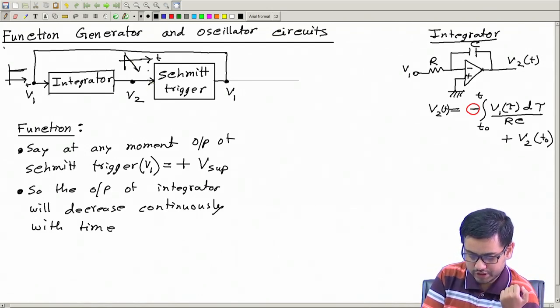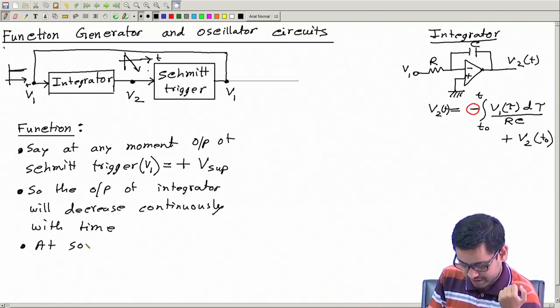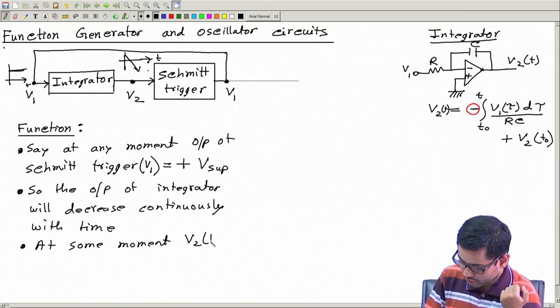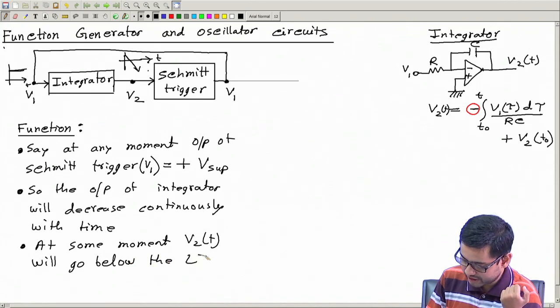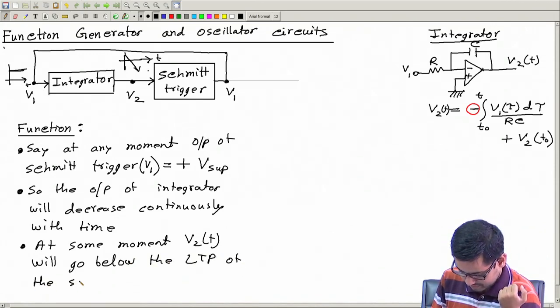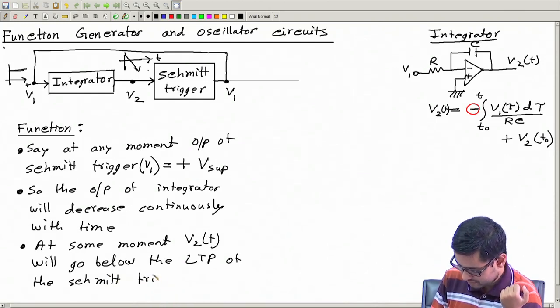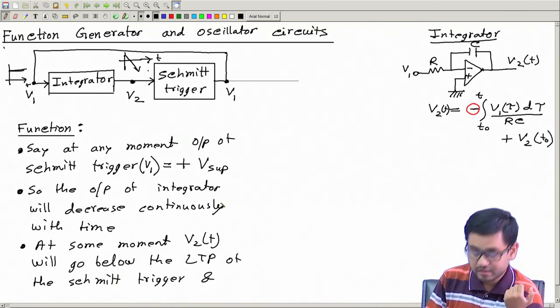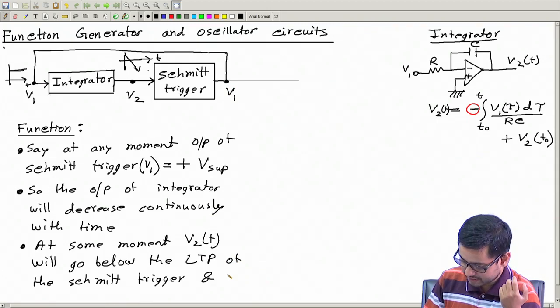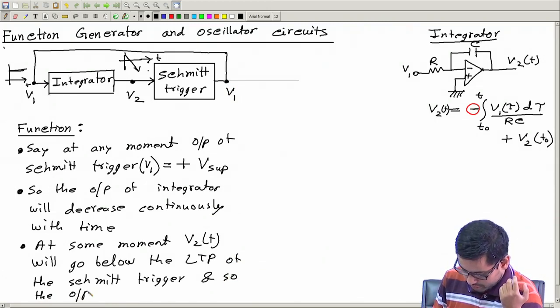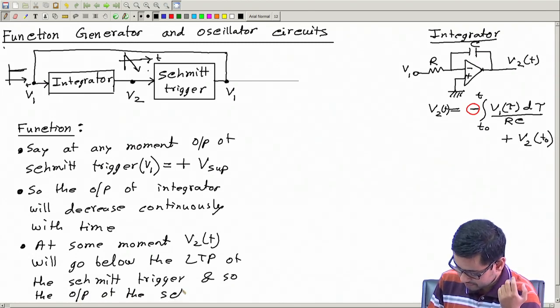And so if the input is going down continuously, then at some moment, this V2(t) will go below the lower trigger point of the Smith trigger, which will change the output of this Smith trigger.